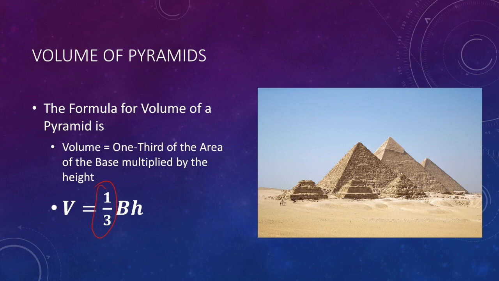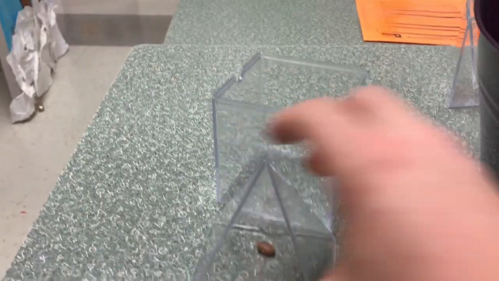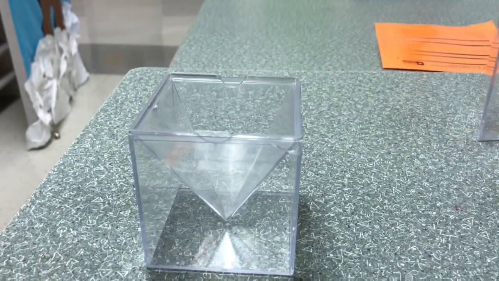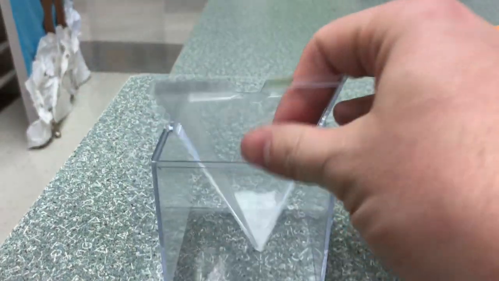Now, just remember this is once again area of the base. So capital B is different from lowercase b. And make sure you remember that. So we have our two shapes. One cube, one pyramid, and if we stack them in the same container, they're the same height and width.